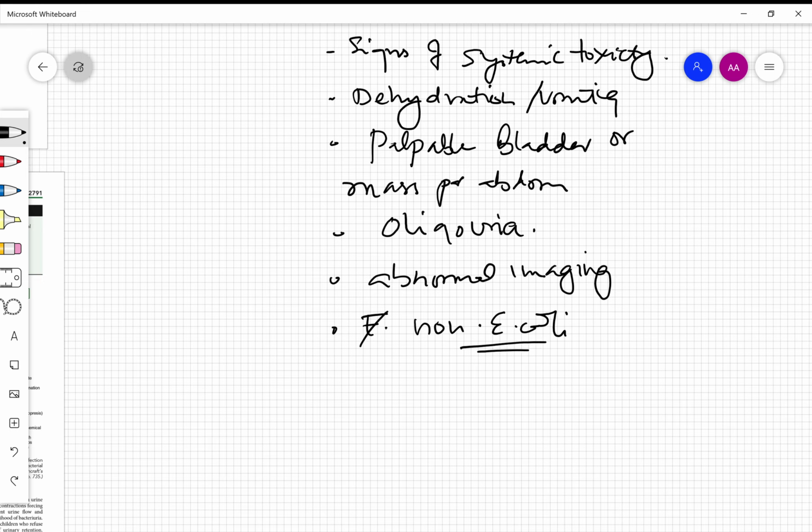If any of these features are present, we can sometimes call it atypical or complicated UTI.